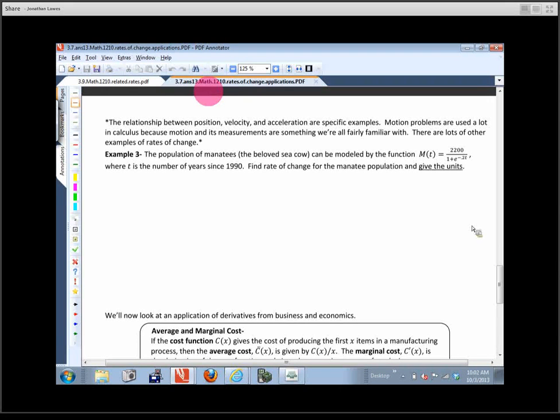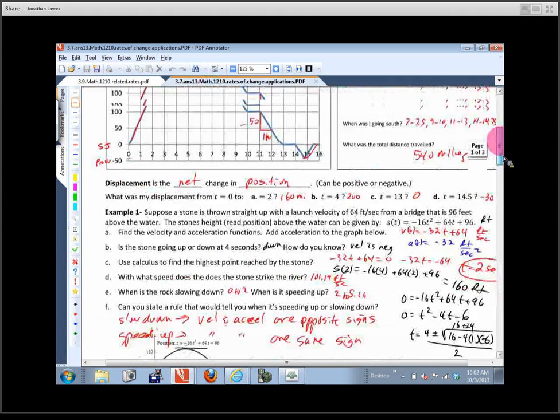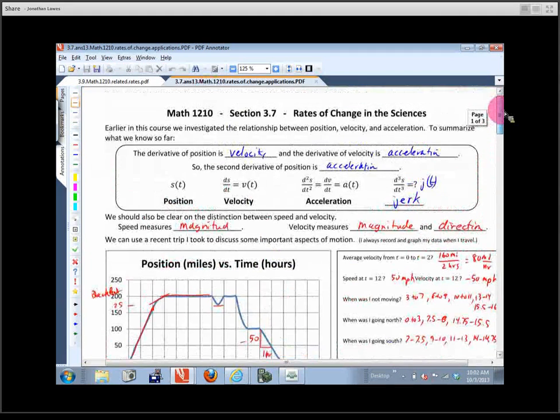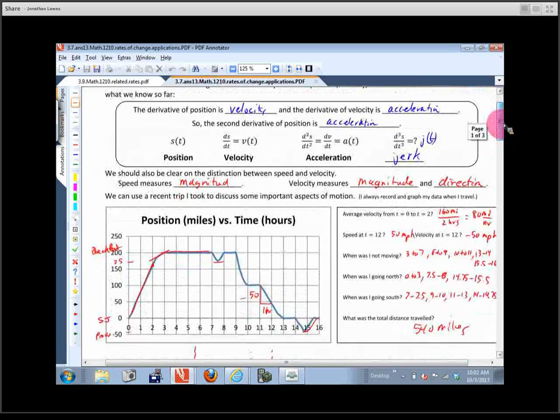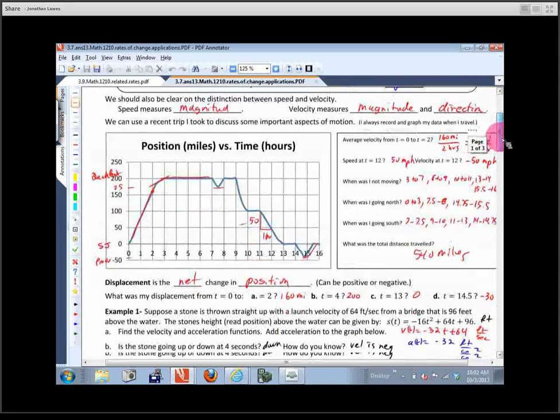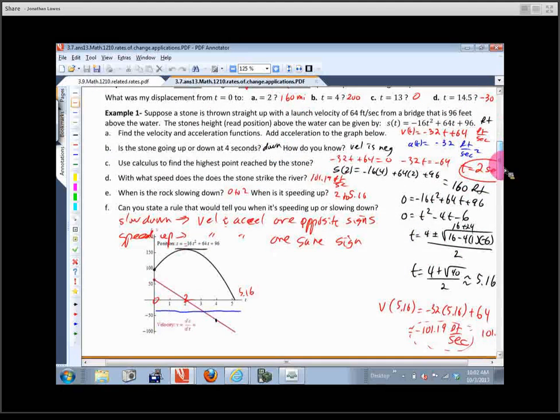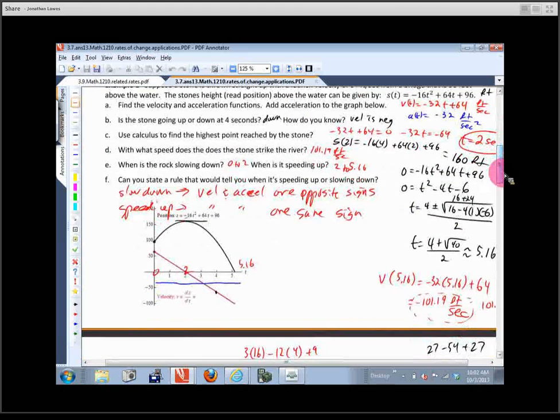Okay, so last time, we finished a lot of the ideas in section 3.7. We were talking about rates of change, and we went through a pretty simple example, hopefully, that was easy to understand how the graph would relate to the story behind it. And then we talked about throwing a rock up in the air.